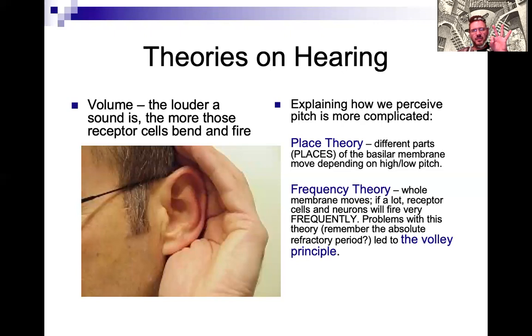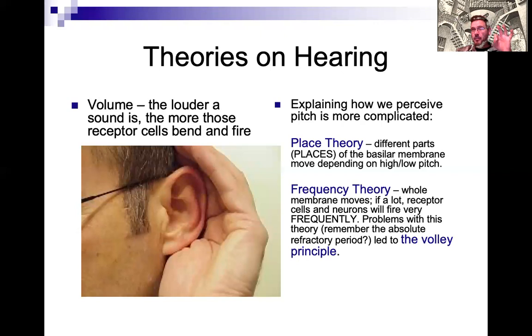Instead of these receptor cells firing all at once, maybe they happen like this. Bizonk, fire, and then bizonk, fire, and then bizonk, 1, 2, 3. If they volley like that, then by the time the third cell fires its signal, the first cell in the trio has had time to reset itself, to fire again. That's the Volley principle that makes the frequency theory maybe legitimate.